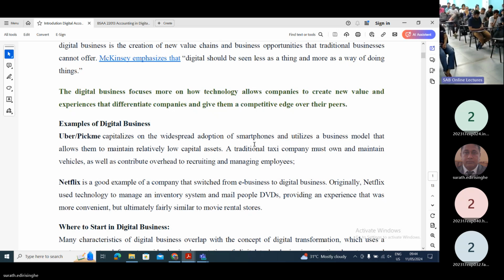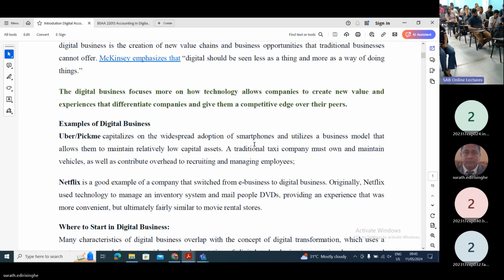Example of Netflix. Originally, the company started by managing the inventory of customers and clients. Stage by stage, they converted their business to digital platforms, hiring out DVDs and movies.